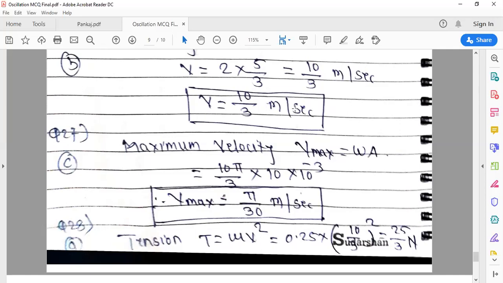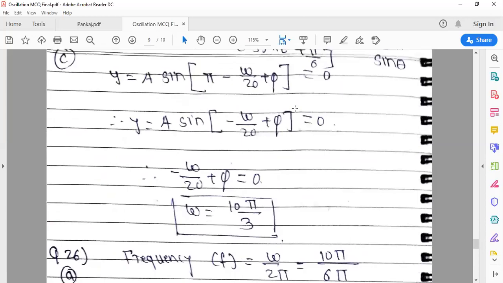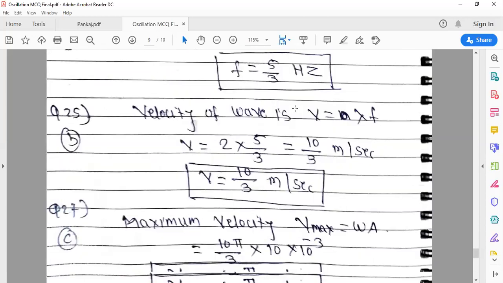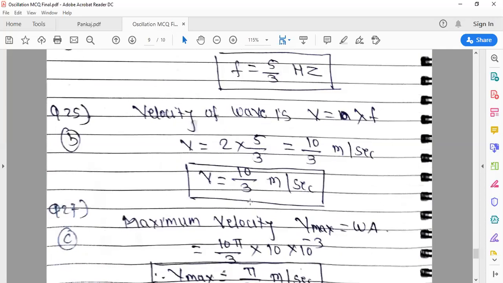The first question is determine the speed of the wave. Question number 25, the speed of the wave. We get the speed of the wave is 10 upon 3 meter per second. So the correct option for question number 25 is option B. Its value is 10 upon 3 meter per second.